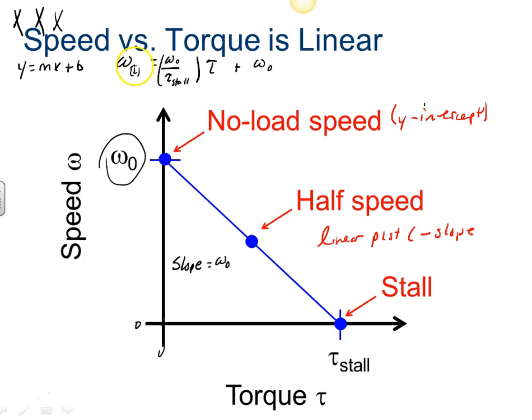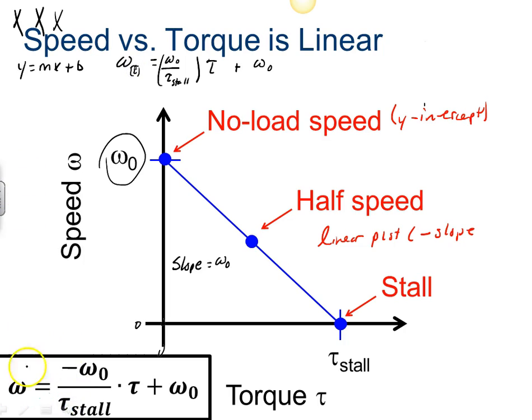Now we can look at the equation written out a little more neatly, and that is omega equals negative omega naught divided by tau stall times tau plus omega naught. I did leave out my negative up here. This is obviously a negative slope, so we are going to have a negative slope on all of these speed versus torque plots.